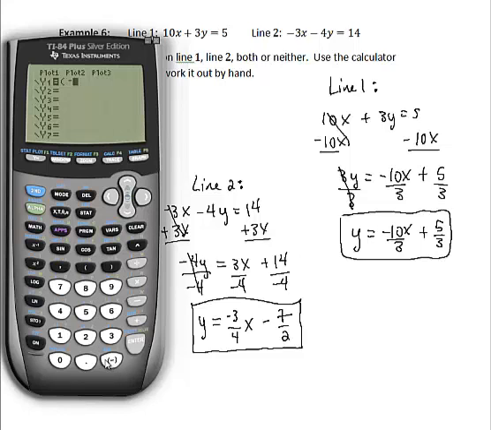Alright, we have a -10, and so we want to use this negative that's grouped with the number keys. And I also want to put this fraction, my slope is a -10/3, it's a fraction, so I want to put that in parentheses so that the calculator doesn't misinterpret the x as being in the denominator. And here's my X button.